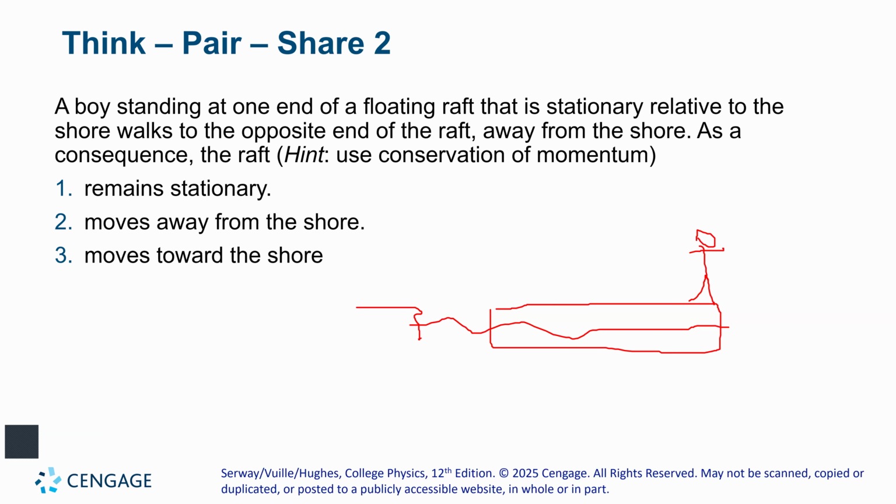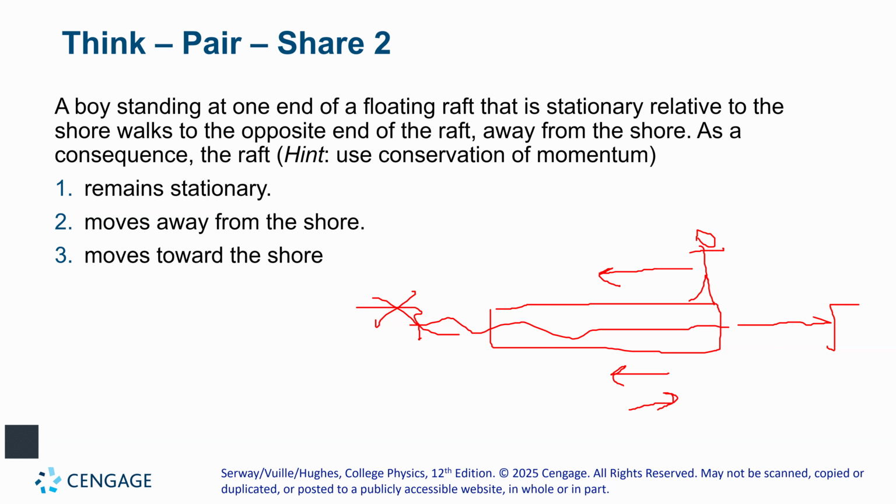If the shore is here and the boy starts walking away from the shore, as the problem says, towards the opposite end of the raft, what will happen to the raft? Will it stay where it is? Will it also move away from the shore? Or will it move towards the shore? Let me give you a second.